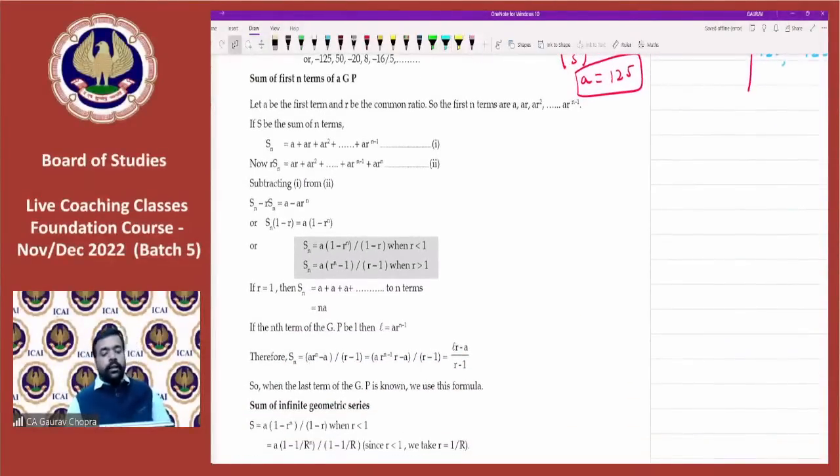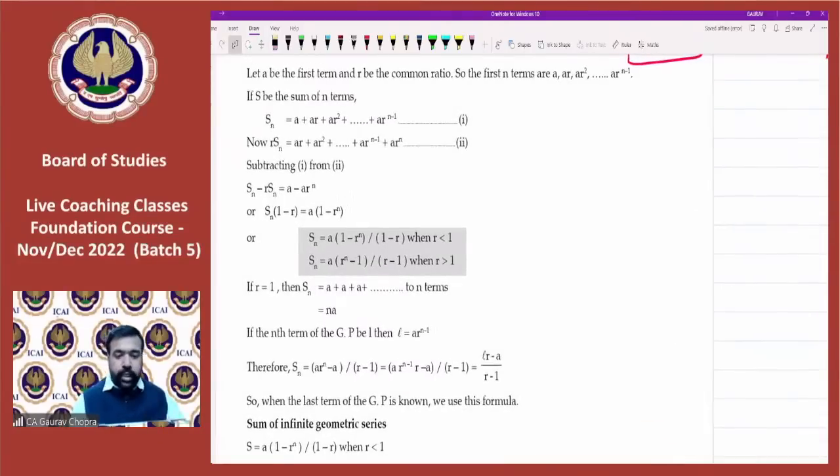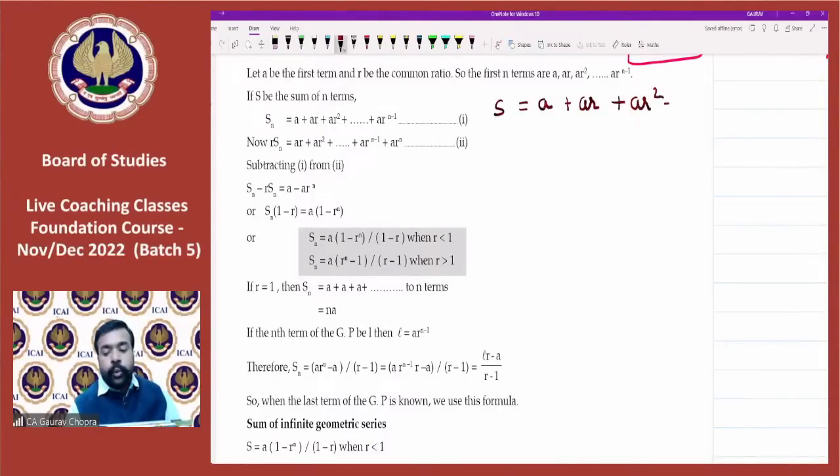So now the next one is sum. How to calculate the sum of first n terms of GP. The first term, as we know, is A. Second term is AR. Third term AR square, and so on. So we have to calculate the sum for this.